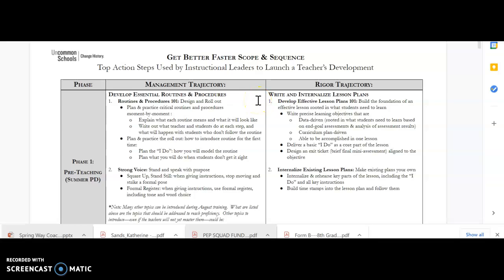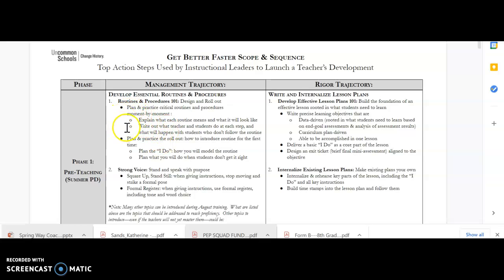Phase one, in essence, is when you see basic issues in the classroom you observe, usually essential routines and procedures. If there's any breakdown in routines and procedures, you will most likely focus your efforts on these. So for routines and procedures 101, you design, roll out a plan, and practice.